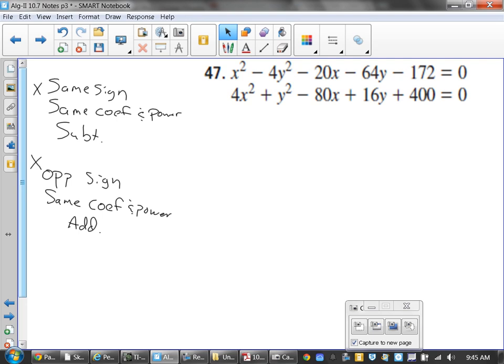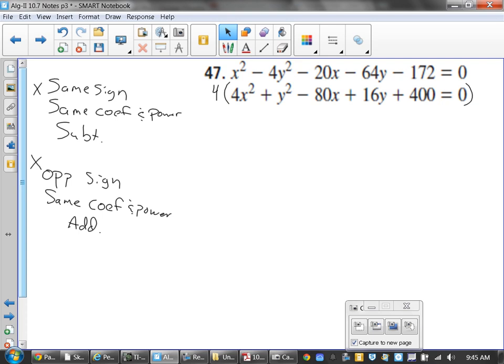Did you ever notice that? And hopefully you also noticed that if I multiplied the bottom equation by 4, they would drop out. That's the trick to this scenario. Multiply the second one by 4. Okay?